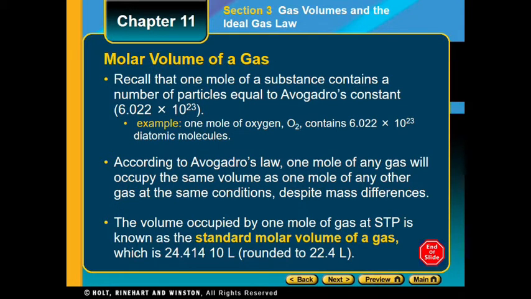And going back, the standard molar volume of a gas, we do have a typo in here, but it should say 22.4. There it is, rounded off. The standard molar volume of a gas is 22.4 liters.